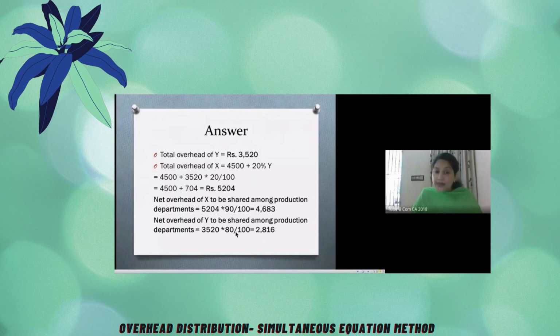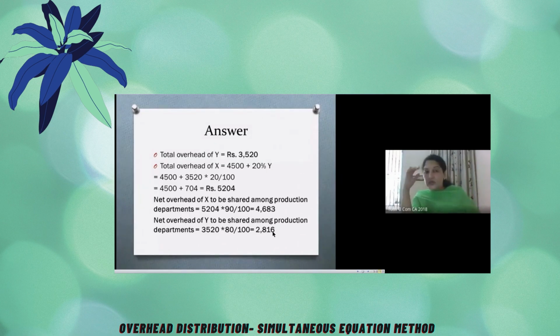So 80% of 3,520 needs to be shared with A, B, and C. So that means 2,860.